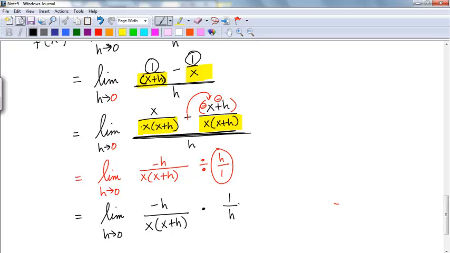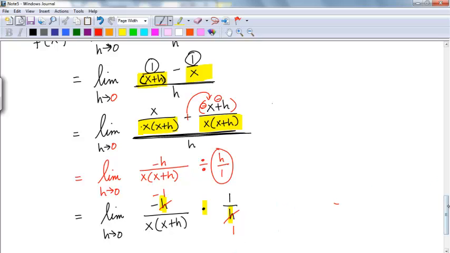Now, what's going to reduce? You can't get what I call slash happy. You cannot reduce this h with this one. The only thing that's going to reduce with this is another x plus h. But I can reduce these two, because there's a times sign in between. So yes, h would go in there one time and h would go in there, and you'd have a negative 1 left.